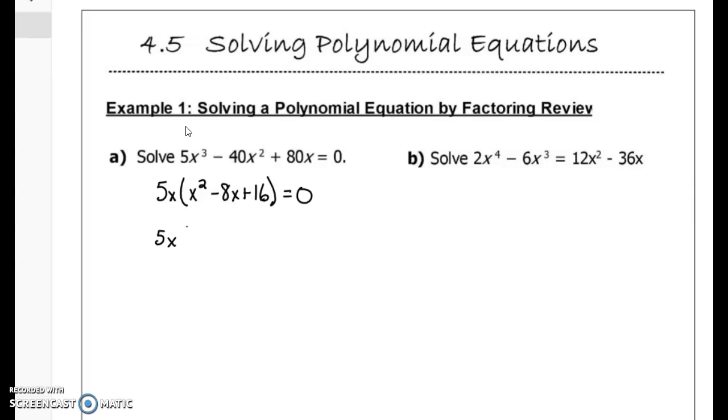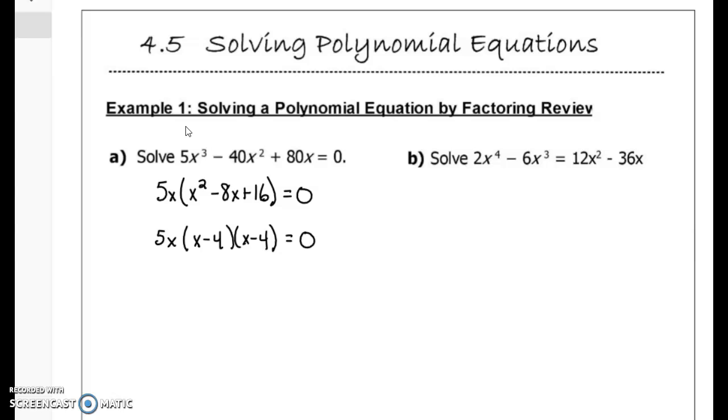Now, in the parentheses, this is a trinomial, x squared minus 8x plus 16, with a value of 1, the number in front of the x squared. So that makes this a very easy factor one. So what multiplies to 16 and adds to negative 8 is going to be negative 4 and negative 4. So it's 5x and then x minus 4 times x minus 4, and then it's equal to 0.